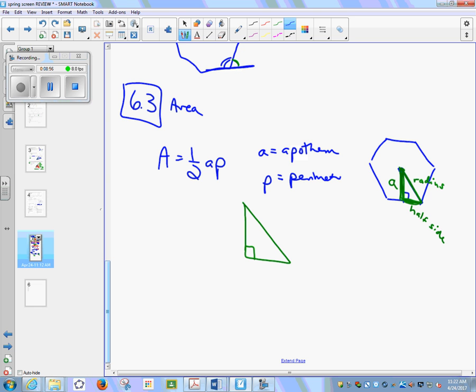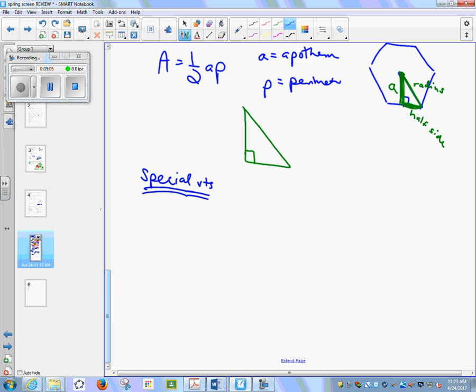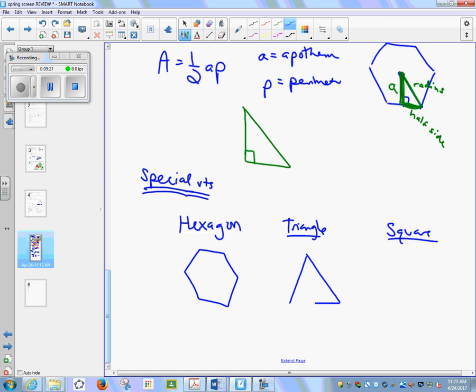In that triangle, if you have either a hexagon, 6 sides, or an equilateral triangle, or a square, you're going to have special right triangles hiding inside them. Now, the most important one to focus on for studying is the hexagon.